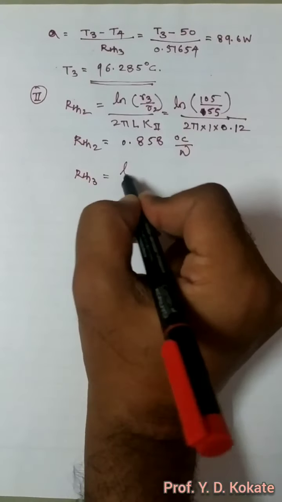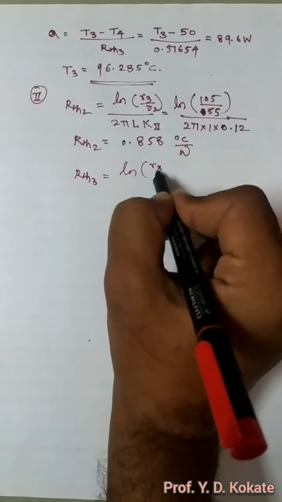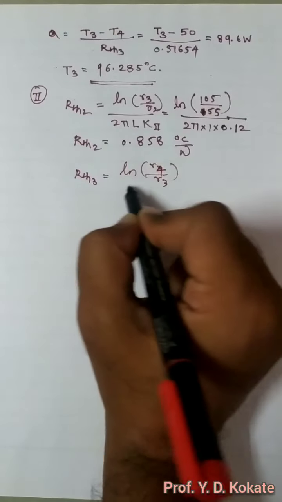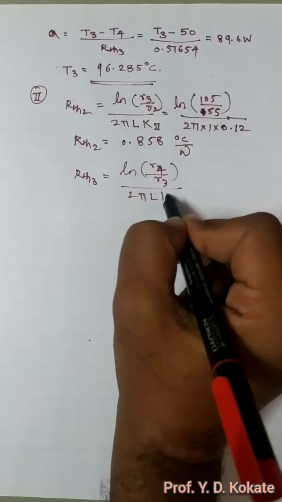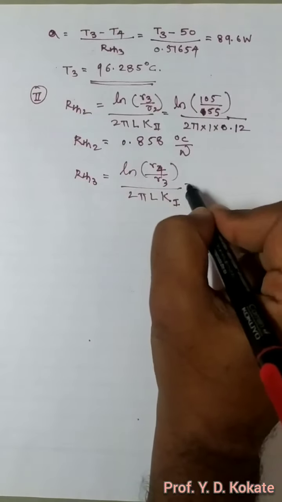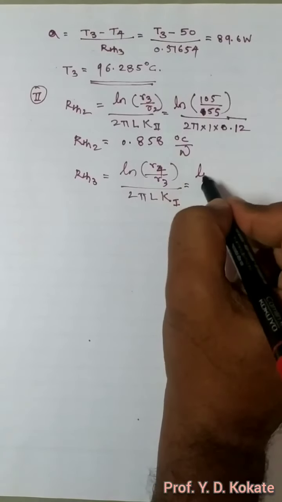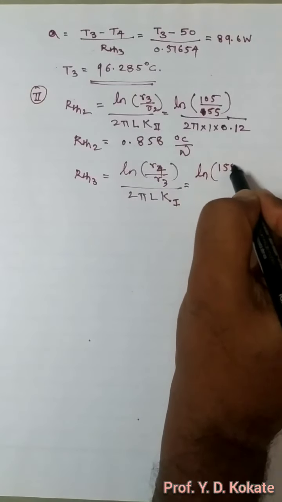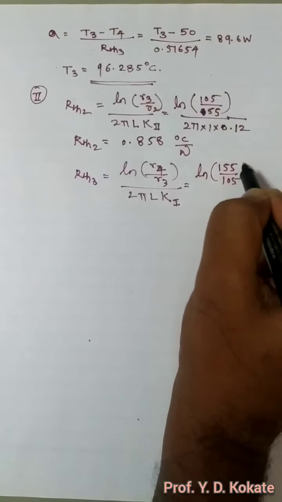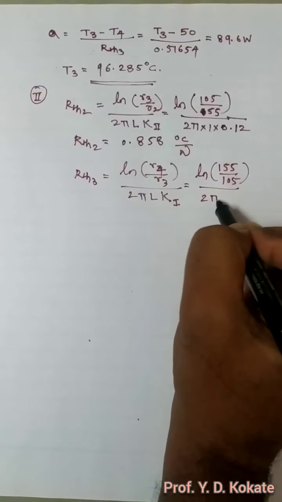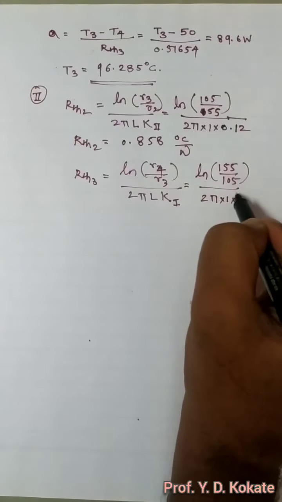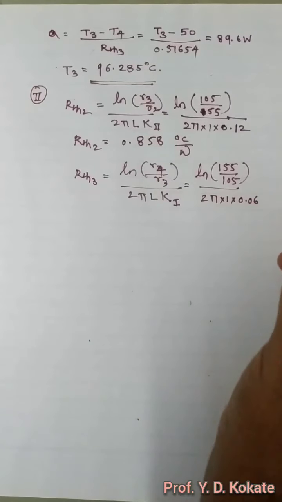RTH3 is ln of R4 upon R3 divided by 2 pi L K. Now it is K of the first insulation because we replaced it. Ln of 155 divided by 105, divided by 2 pi L, where L is 1, and K insulation now 0.06.